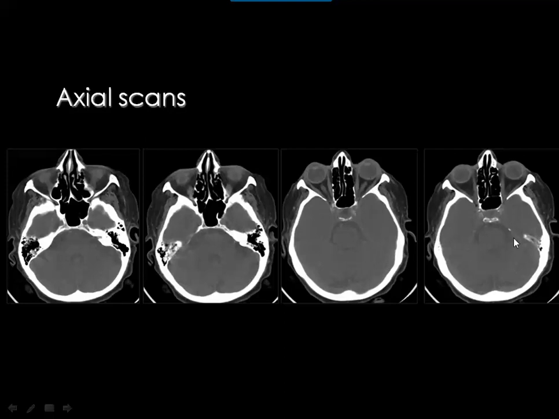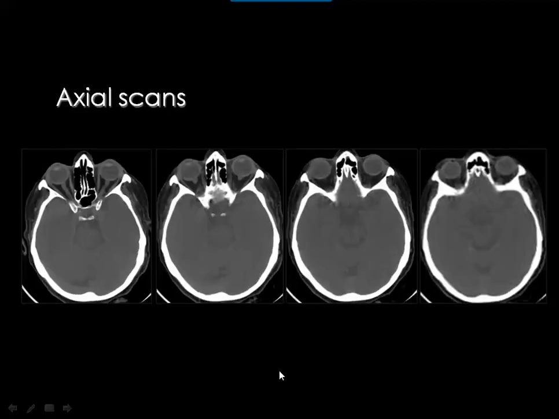And here you can see the globe and the lateral rectus, as well as the medial rectus. Then this is the globe, optic nerve, the medial and the lateral recti. While you are going up, you will see the superior rectus levator complex in the upper sections.